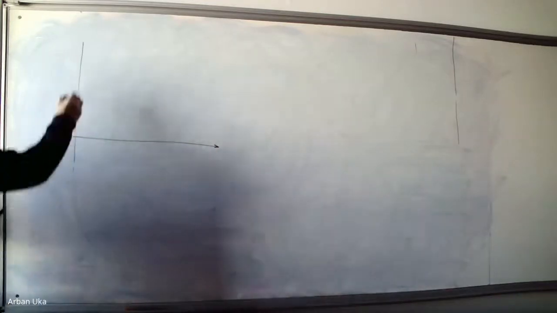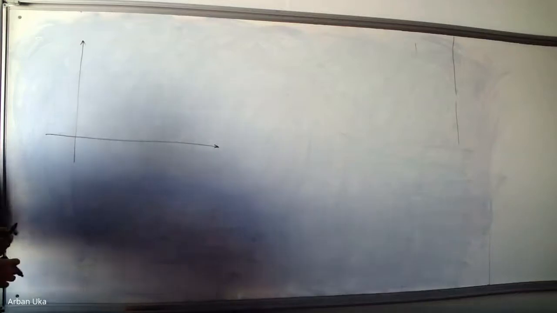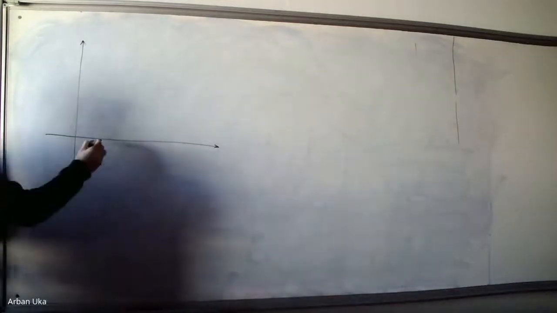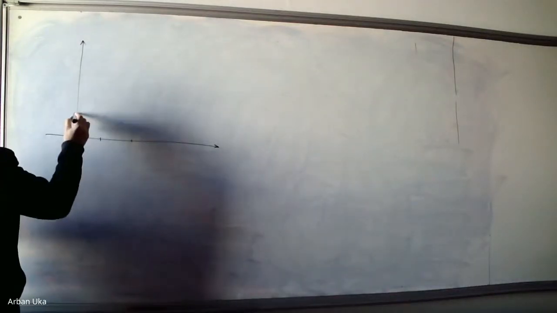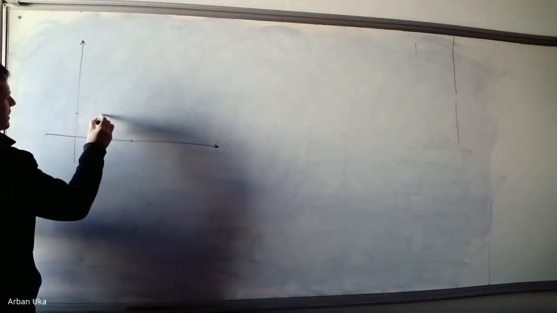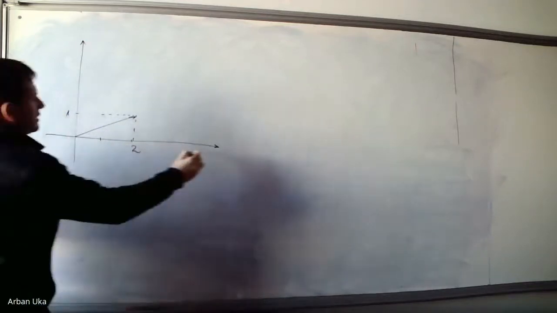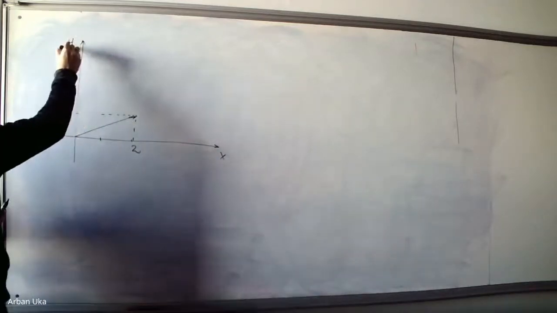Let's assume for a moment that we have a Cartesian coordinate system that looks like this. We identify a vector which is (2, 1). This is x, and this is y.